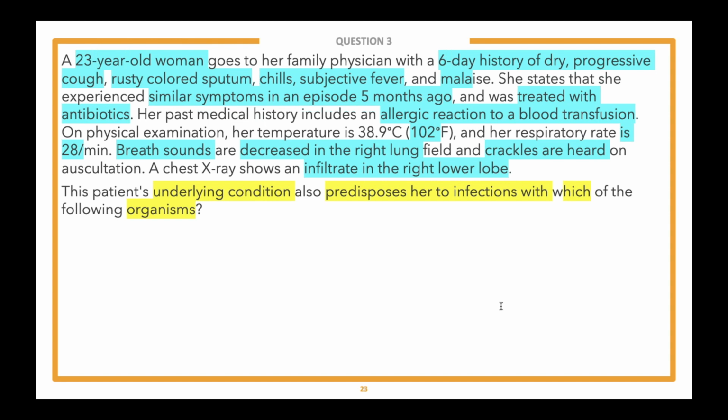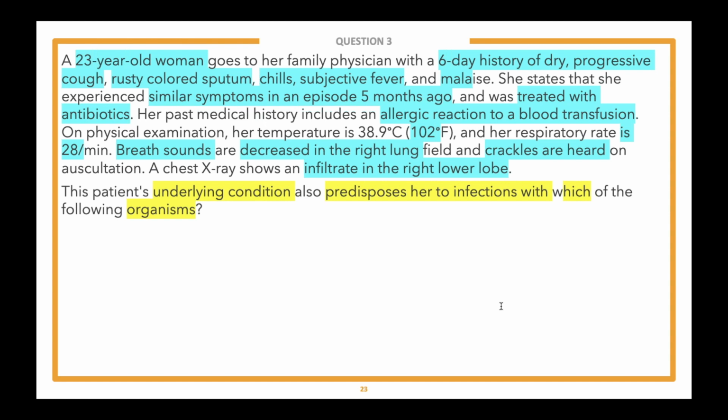We know that the patient had something similar a few months ago. They give us some important past medical history and then some physical exam findings as well. All of those are going to be important in figuring out what's going on. Whenever you get chest imaging findings, always important to make note of that.